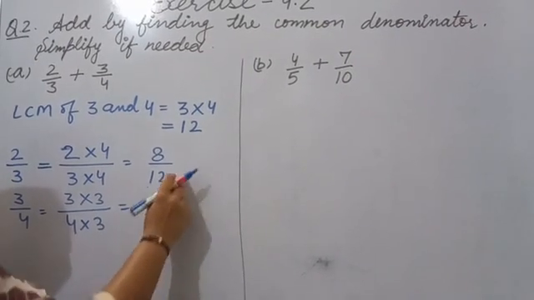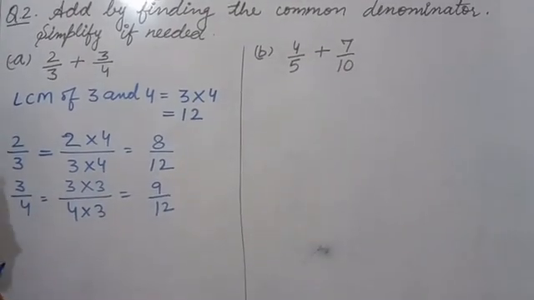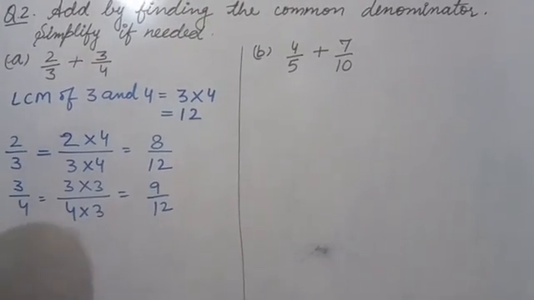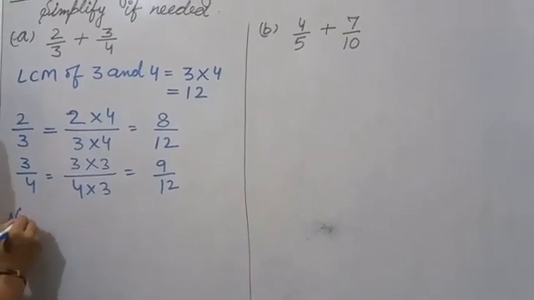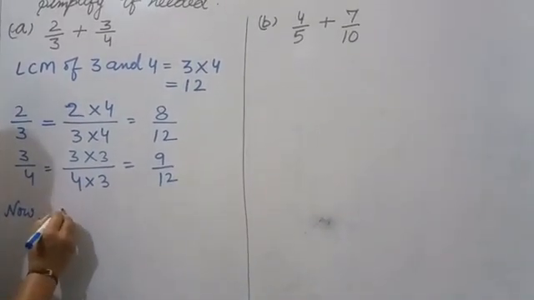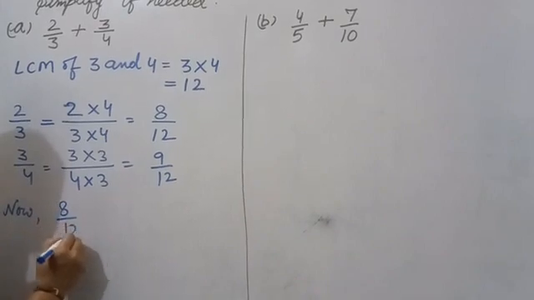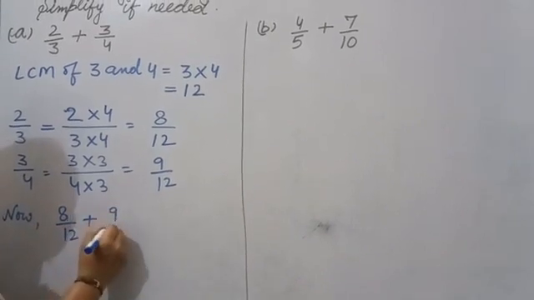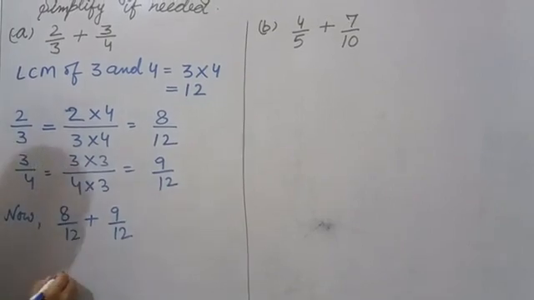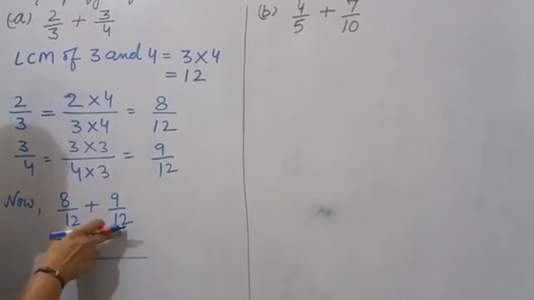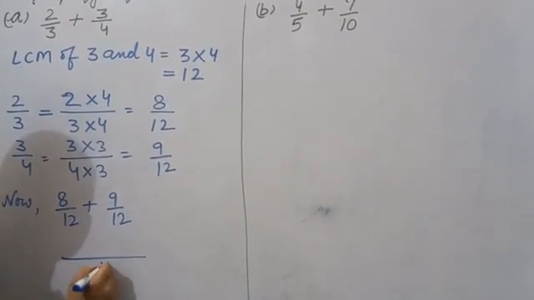Now both are 12, 12. So we make the common denominator, same denominator. So now we can take common. 8 upon 12 plus 9 upon 12. Now what is common here? 12. So now we take common denominator, that is 12.